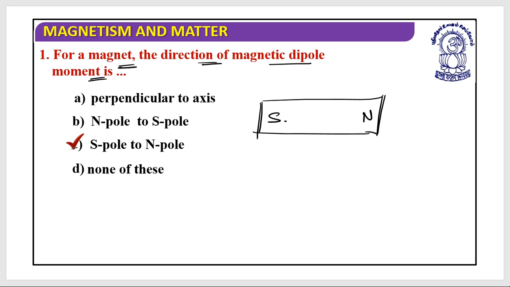By convention, we take south pole as minus m and north pole as plus m, and the direction of magnetic dipole moment is from the negative monopole to the positive monopole, from south pole to north pole. Is it clear?